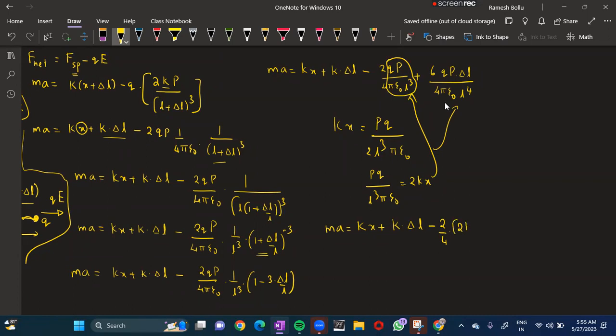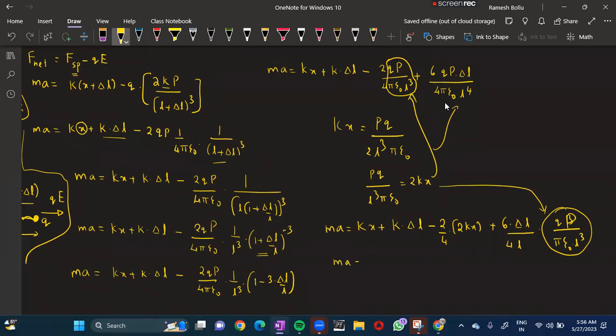How much? 2k into x plus 6 into delta L I will write aside and 4 into L I will write aside. The remaining thing is qp will come. So qp, this one, and pi into epsilon naught and into L cube. This qp by pi epsilon naught into L cube value, how much? 2k. Substitute here.